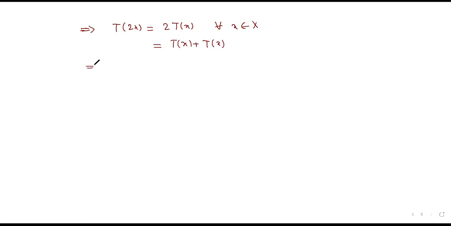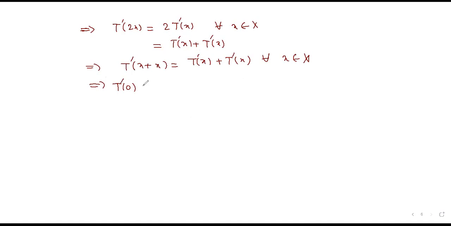Okay, so it implies that T of x plus x is equal to T of x plus T of x for all x belonging to X, which implies that T of 0, oh sorry, this is T prime, that is its name, this confusion happened earlier too. T prime.